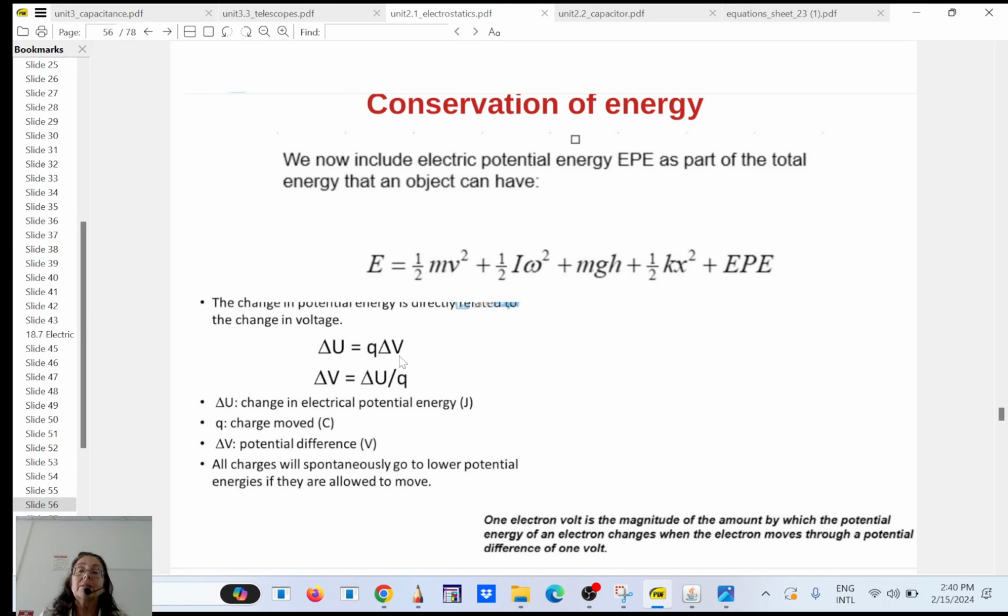So that will be the electric potential energy. That will be your voltage, and that will be the charge. Yes? So once a charge has potential energy, that potential energy can be turned into kinetic energy. Very good. So imagine this room here. You have this ceiling positively charged, the floor negatively charged. So you have an electric field from the ceiling to the floor. If you have a positive charge here, is it happy?